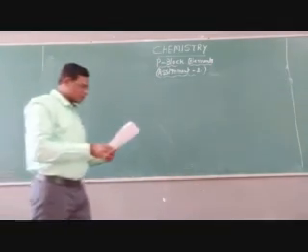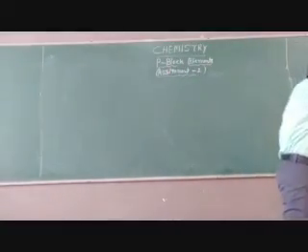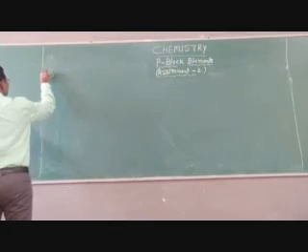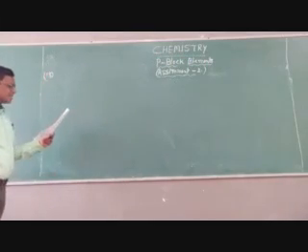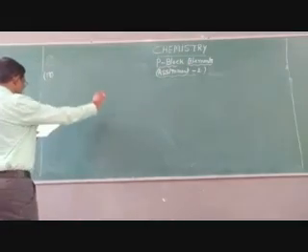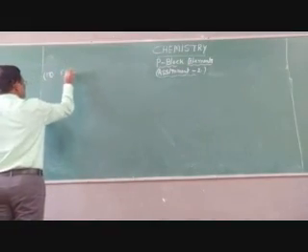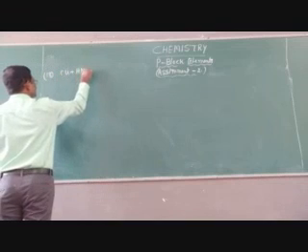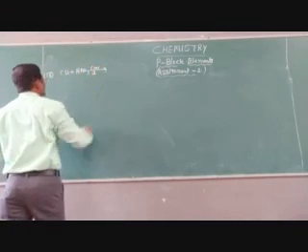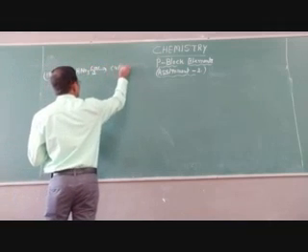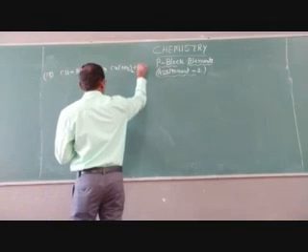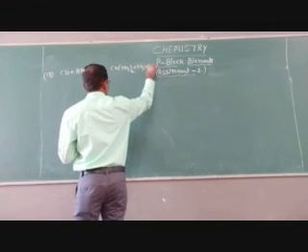Next, children. Question number 18. When copper is heated with concentrated nitric acid, so copper plus HNO3 and heating with concentrated acid, one of the compounds is copper nitrate plus NO2 plus H2O.